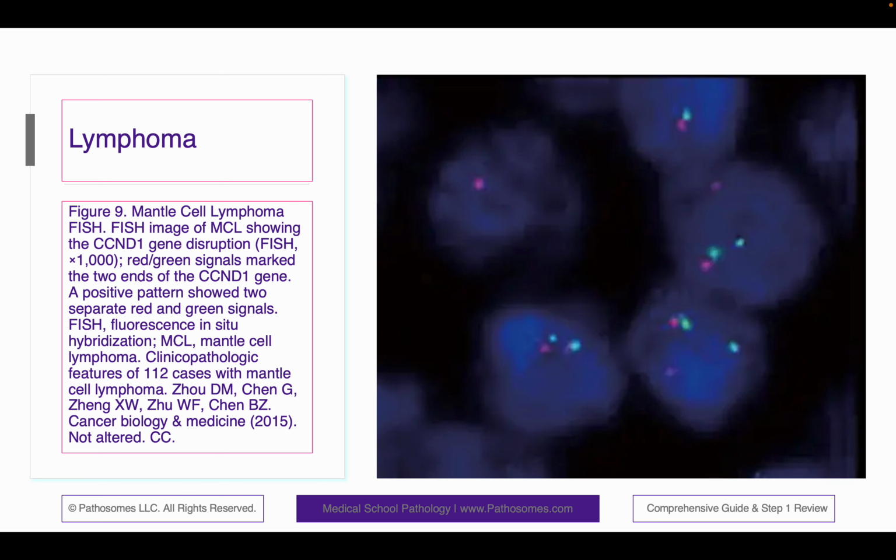Note that the positive pattern showing the two separate red and green signals is present in mantle cell lymphoma.